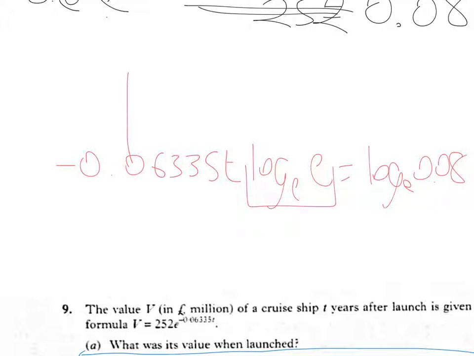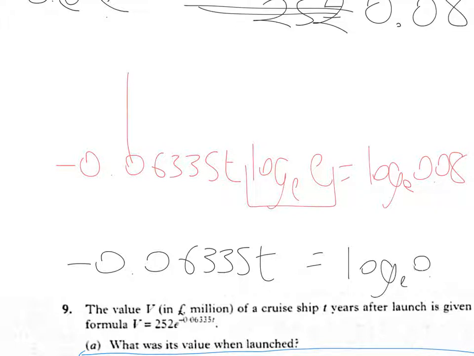Remember again that log to the base e of e is 1, so that collapses down to minus 0.06335 t is equal to log to the base e of 0.08.